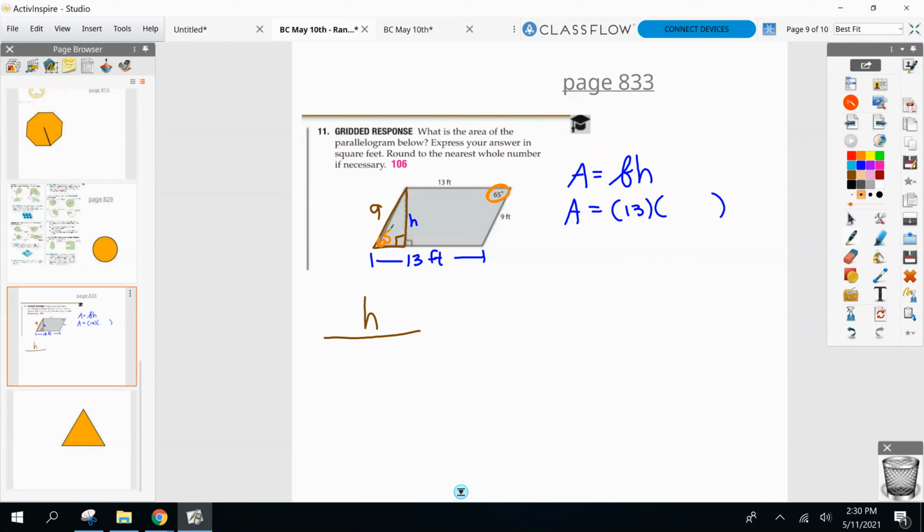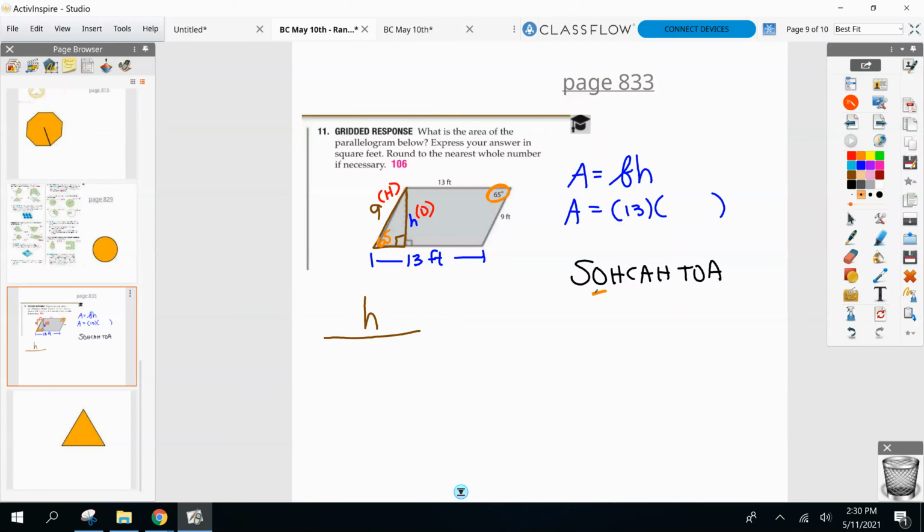Perfect. Now that I have an angle and 2 sides, I can do sine, cosine, tangent. I already mentioned that the 9's your hypotenuse, so I'll put a little h in parentheses there. And my height is opposite the 65. If I have O and H, I look at SOHCAHTOA here, because that'll help me determine which one of the 3 I use.